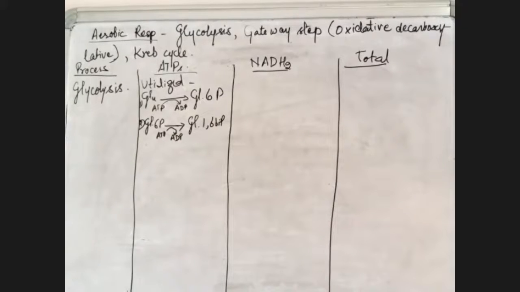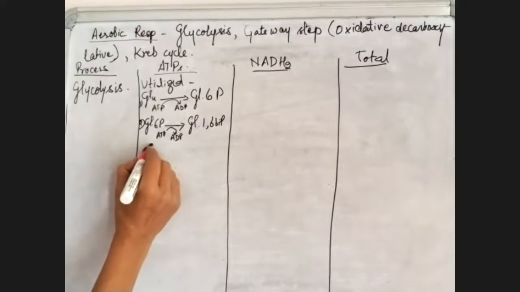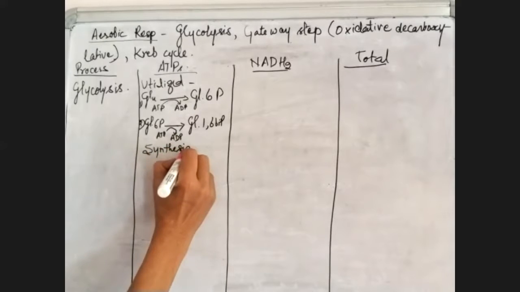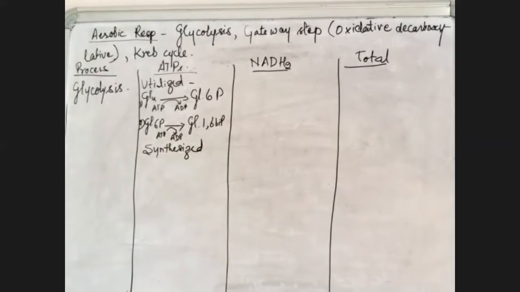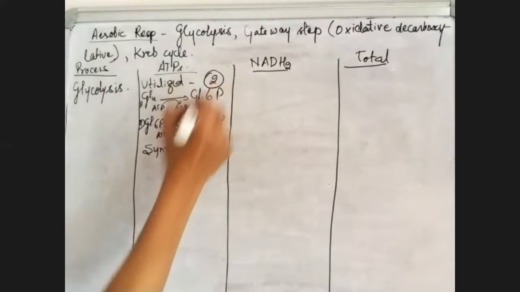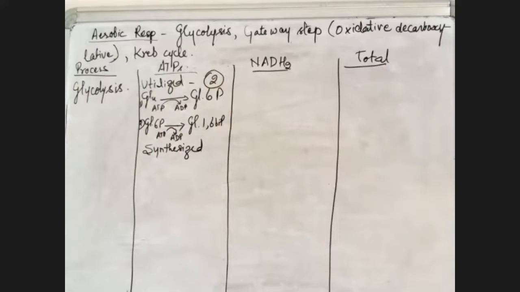Okay. Then where was ATP synthesized in glycolysis? The steps where ATP was synthesized. So in all here 2 ATPs are utilized, and the number of ATPs synthesized, again 2 steps.